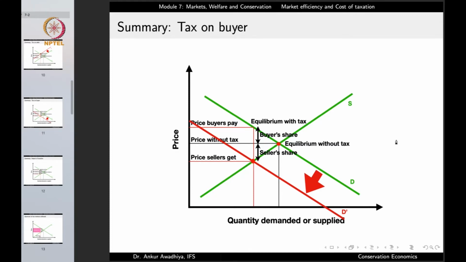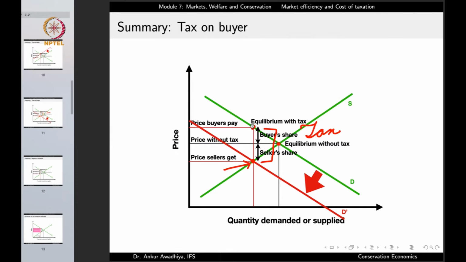But the price that the buyers have to pay is this much, because they are not only paying the amount to the sellers, which is this one, but they are also paying the tax, which is this much. So they are paying not just the seller, but they are also paying the government with the tax. So this is the price that the buyers pay.